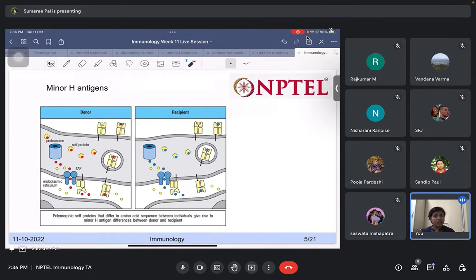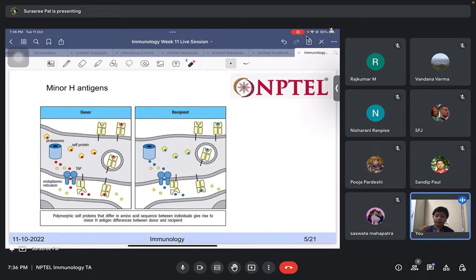Because even if we check that the MHC, the major histocompatibility complex, proteins are completely identical in these two individuals, the donor and the recipient, these minor H antigens will still be present, against which some immune response will be elicited. Therefore there is the need of these immunosuppressive drugs. Now I will come to the immunosuppressive drugs later on. So these are the minor H antigens, right?